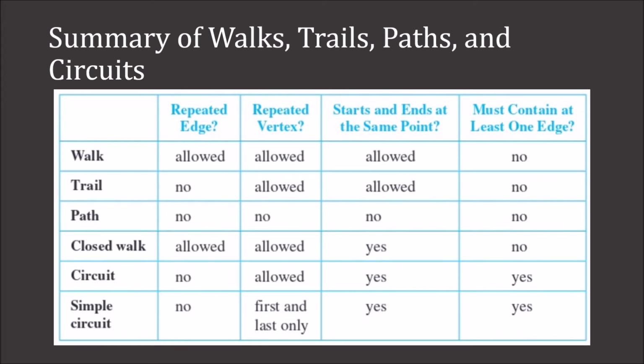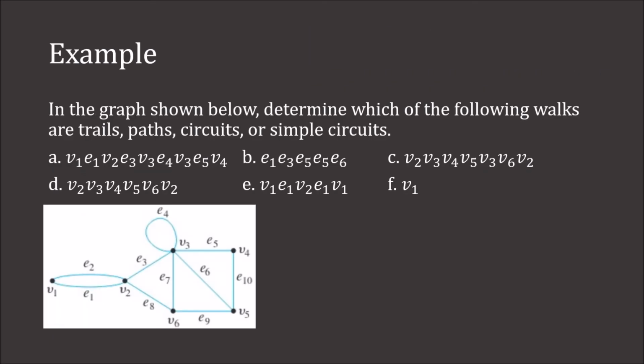So here we're going to be given a graph and several walks, and we're to determine whether they are trails, paths, circuits, or simple circuits. So let's start with A. Alright, so V1, V3, V3, V4.